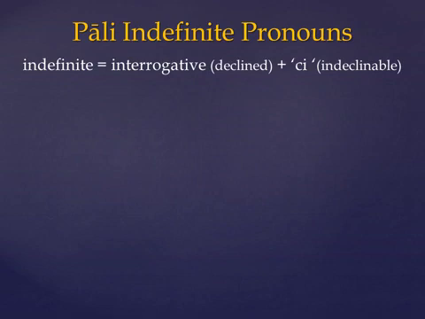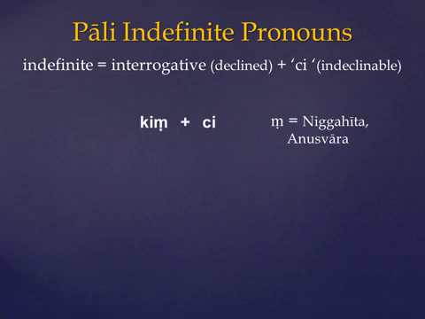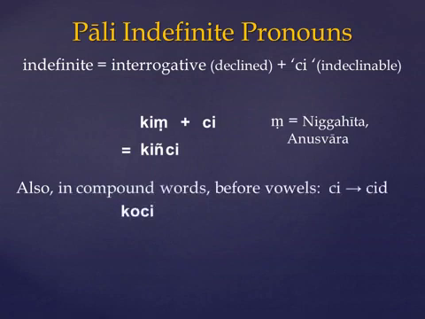Now the keen-eyed among you may have spotted that pronouns that end with the pure nasal sound ng, which is called nigahita or anusvara, when the particle chi is added, changes to a palatal nya sound to make the word kinchi. Also, another peculiarity in Pali is that if the particle chi is followed by a word beginning with a vowel, chi becomes chid.